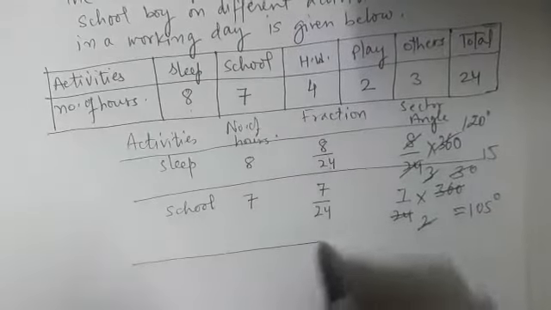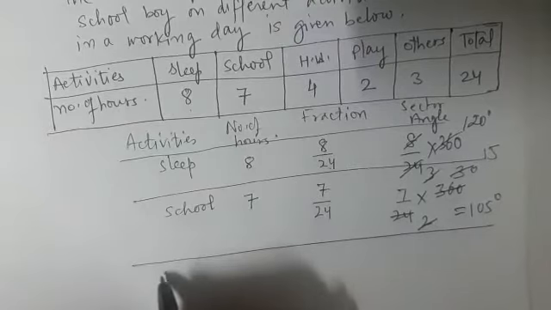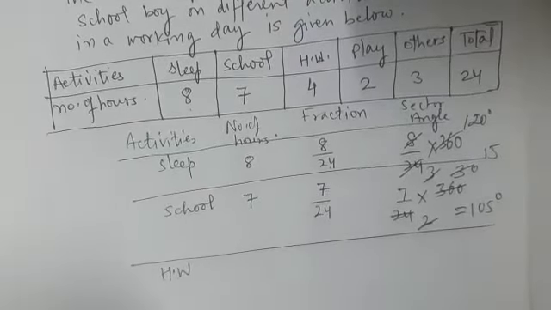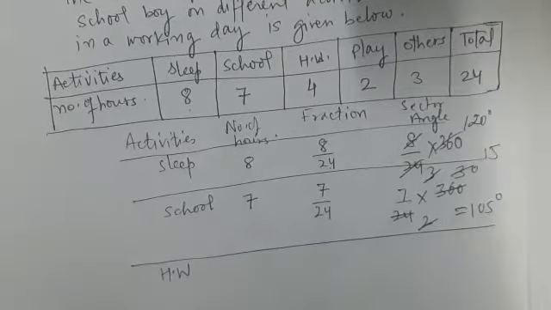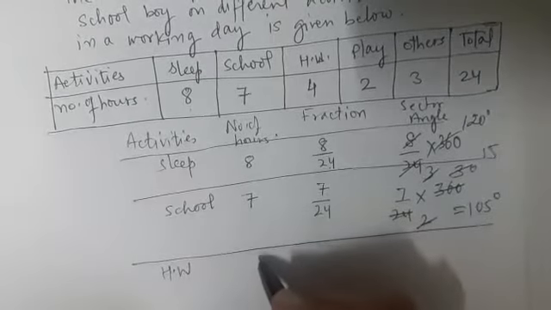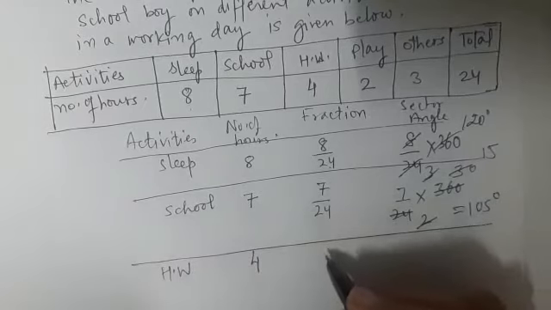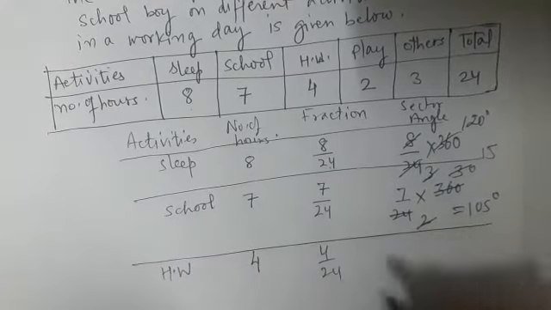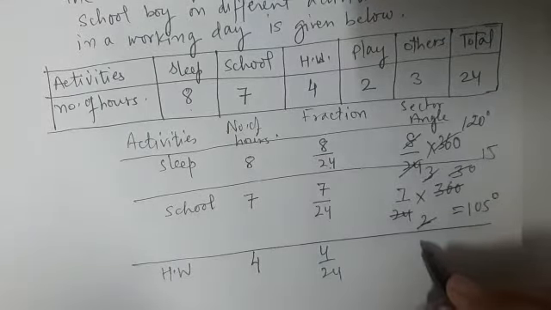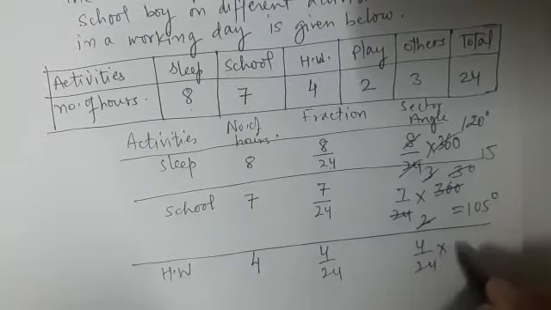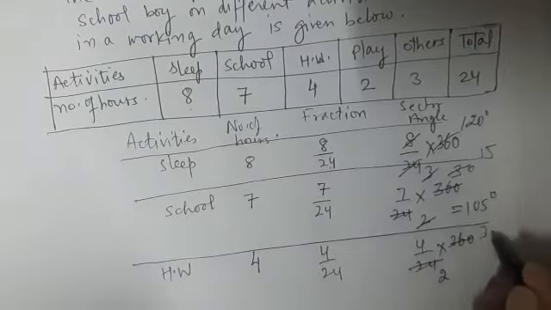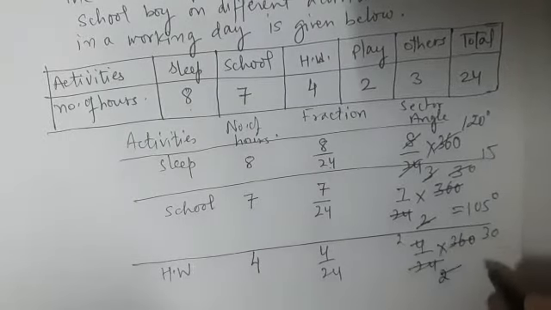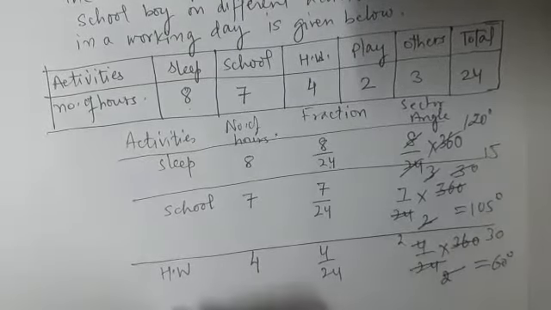Now the third activity is homework, and homework is mentioned over here, 4 hours. So this is 4 by 24 and the sector angle comes out to be 60 degrees.